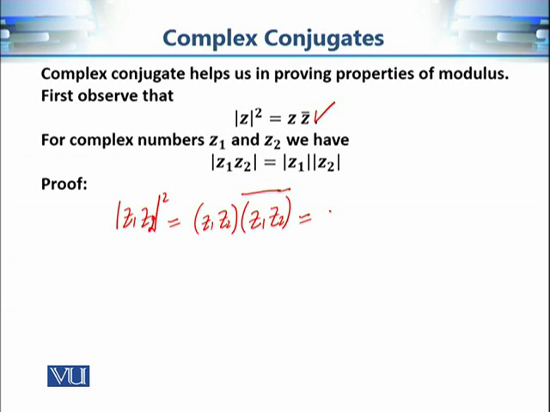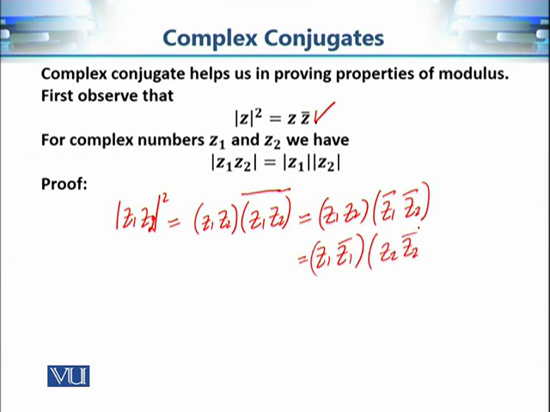Now we can multiply z1 z2 with z1 conjugate z2 conjugate, which is equal to z1 z1 conjugate and z2 z2 conjugate.